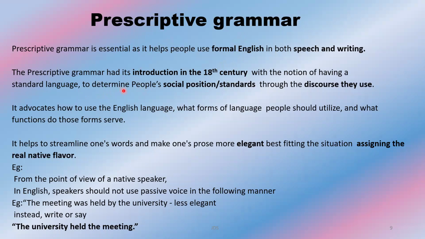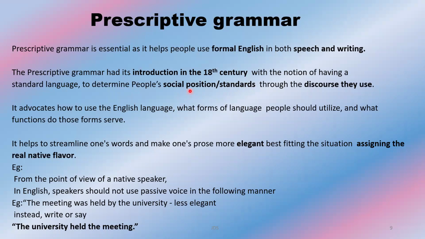Right? So those of them who were able to use the standard formal English in different contexts, it can be in speech or it can be in writing, those people were considered to be in a higher social position than that of the others.